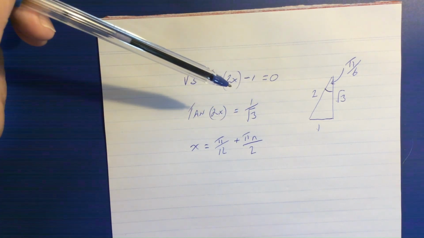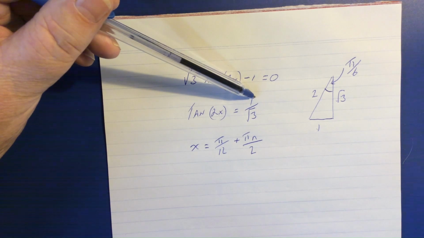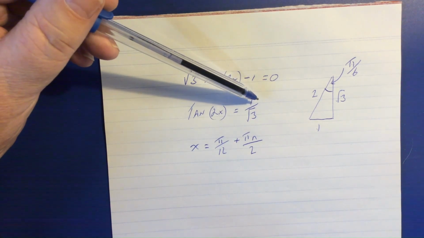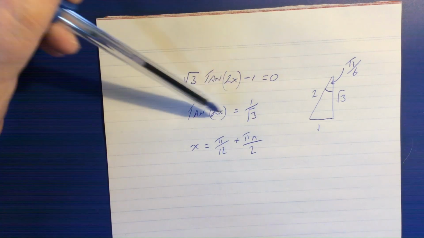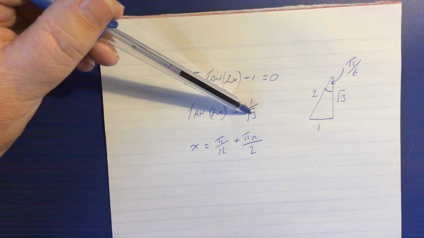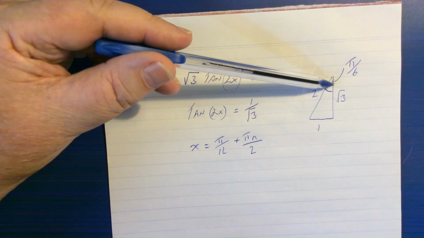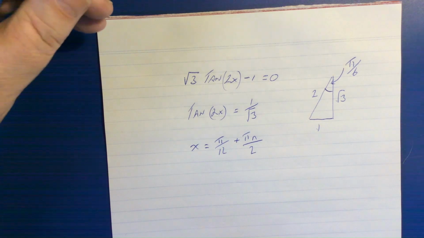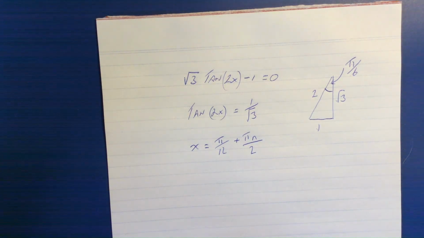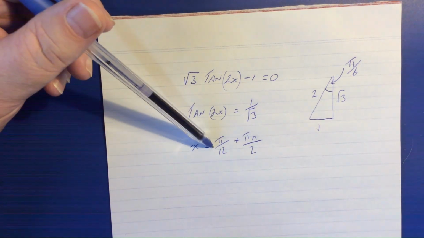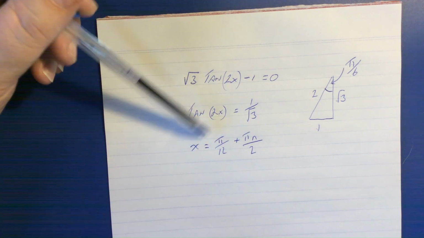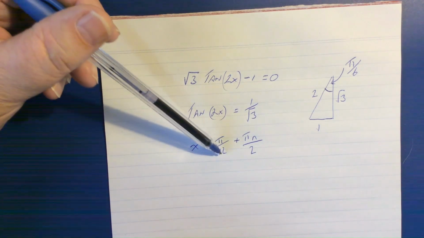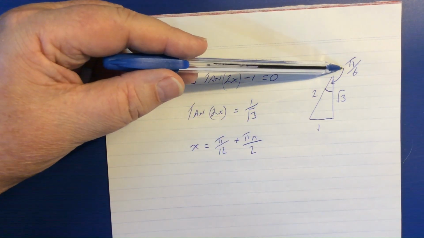Now, where the tangent of x, and I emphasize that, x, not 2x, is equal to 1 on root 3 is here at pi on 6. Now, for the reasons that we halved the other solution, we also have to halve this solution for x because we are dealing with 2x. So pi on 12 times 2 will give us pi on 6.